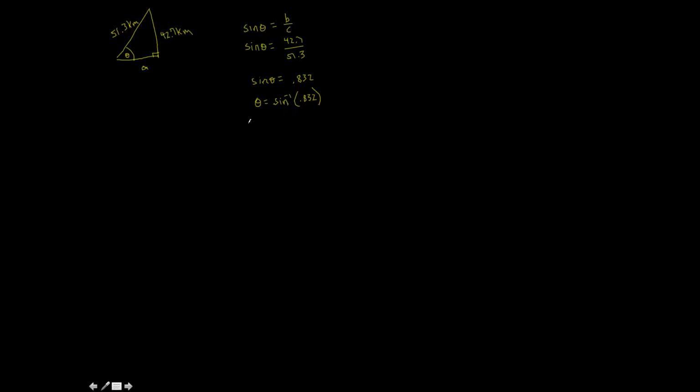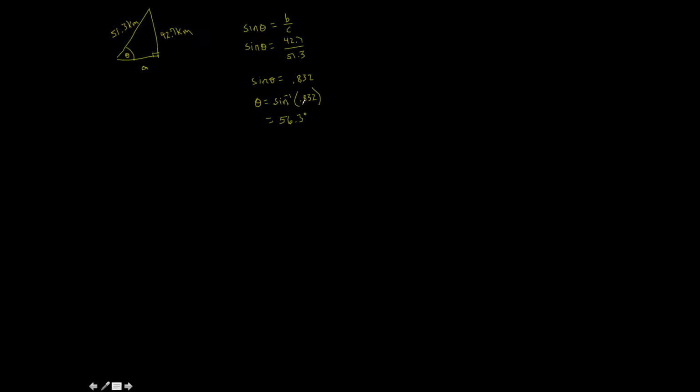So if you do that, that should be 56.3 degrees. And make sure to pay attention to your problem, whether or not it wants these degree measures in minutes, seconds, or decimal degrees.